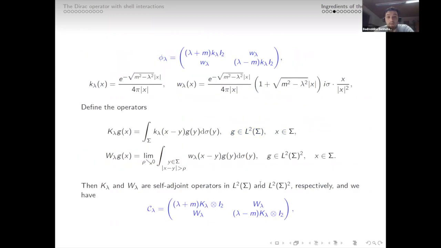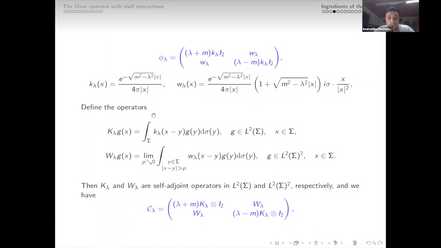Okay, so to do so, remember that our fundamental solution has a matrix structure. So we can write it as follows. So here we have K lambda, which is just the fundamental solution of the Helmholtz operator. And then we have this part in the diagonal, which comes from the singular part.